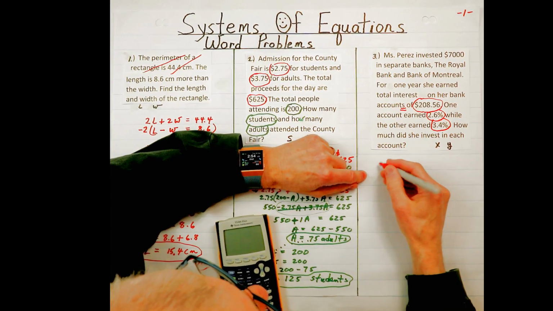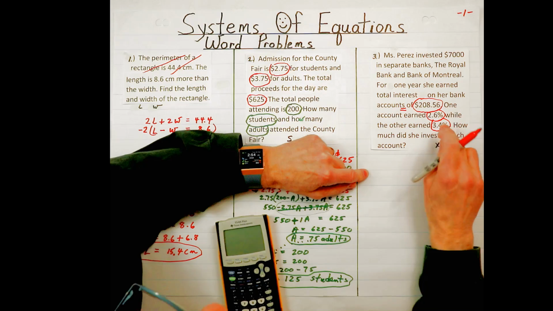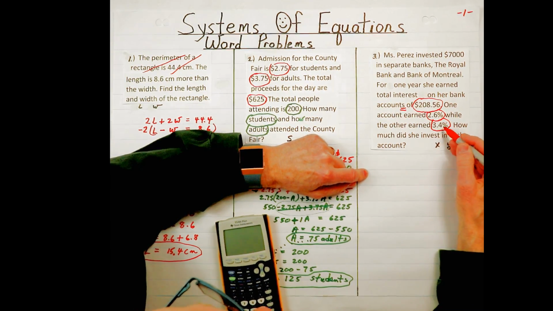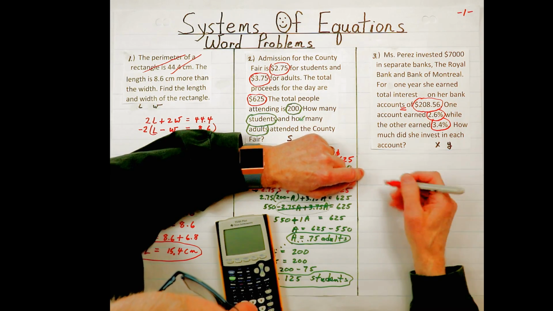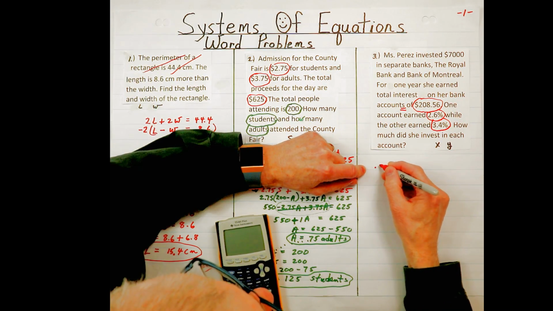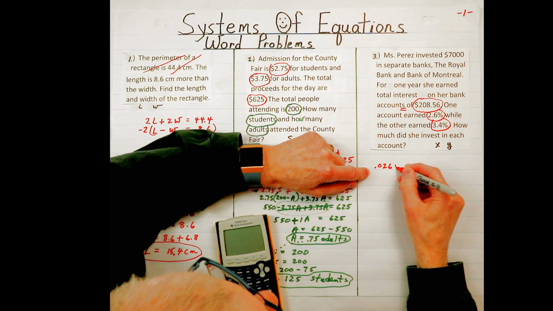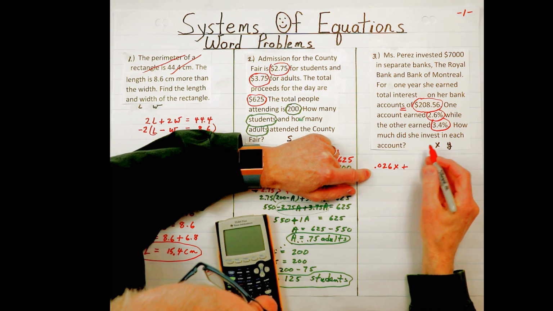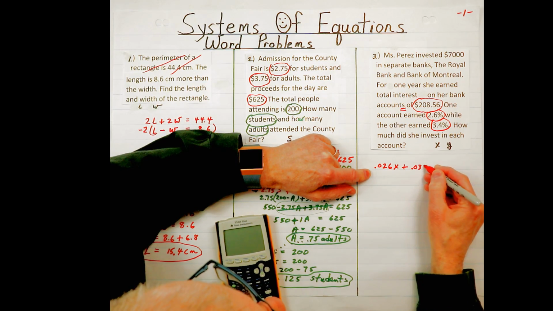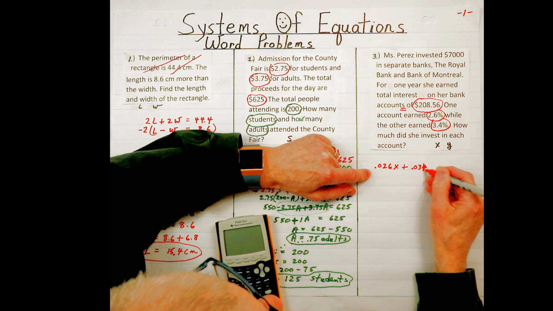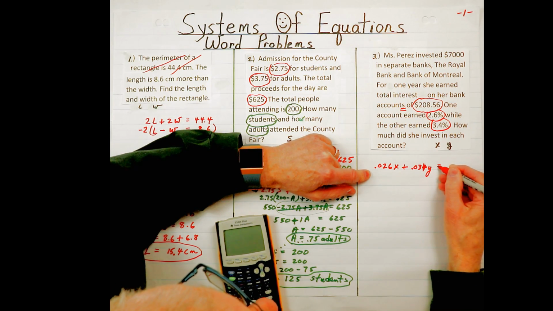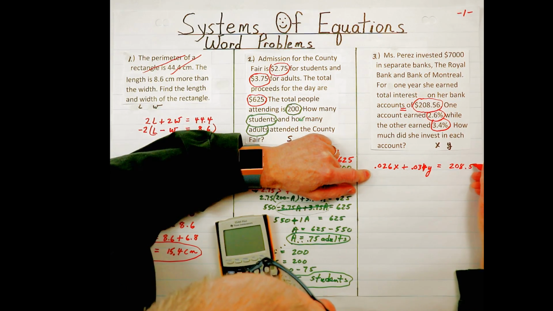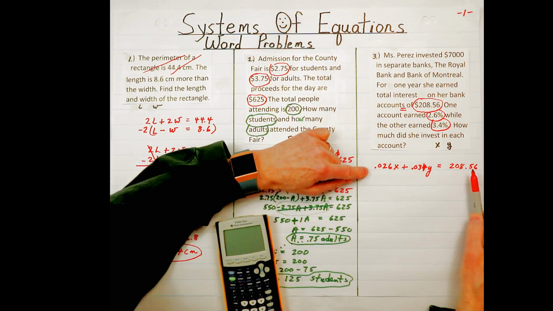So, the interest would be, remember when you change percent to a decimal, you're moving the decimal 2 places to the left. So 0.026x, 2.6% of one account, plus 0.034, that's supposed to be a 4, y is equal to the total interest, 208.56.